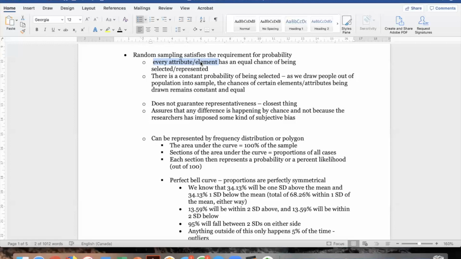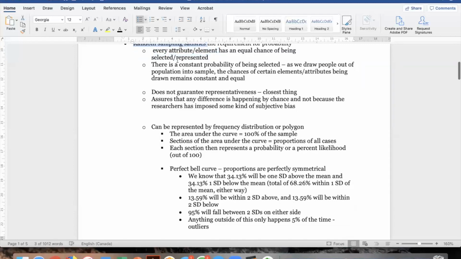So using a random sample means that you will get diabetics of different ages, different genders, different lengths of how long they've had diabetes, and so on. Every one of those attributes or elements or really extraneous variables has an equal chance of being selected and represented in your sample population. That is why we random sample.